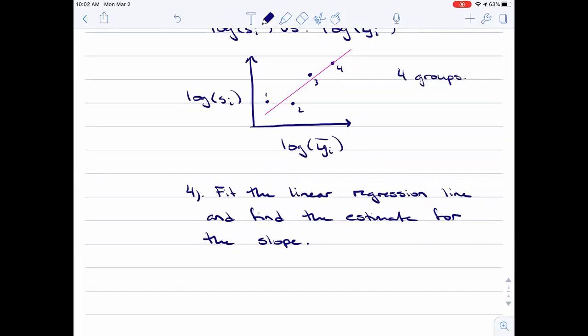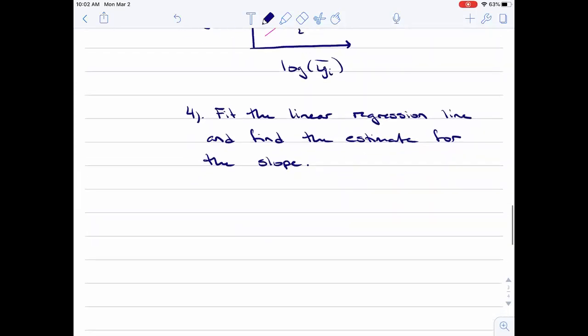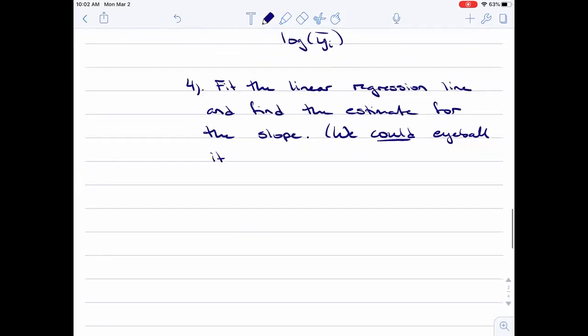You can eyeball it too, right? You don't have to actually fit the line and find the estimate. We could eyeball it too.